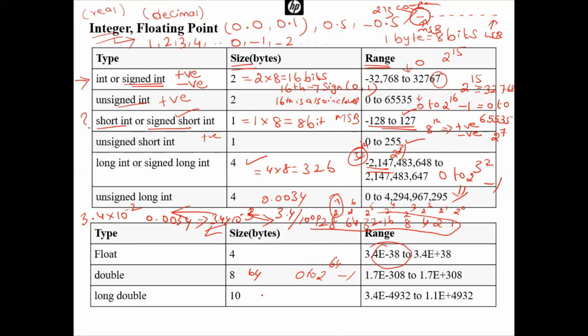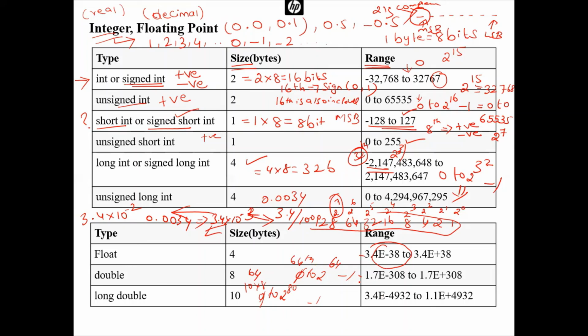And then long double means 10 into 8, which is equal to 80 bits. Sorry, this is not 0 to; everything is minus, not 0 to. So that minus means the 64th bit may be a positive number or negative number.